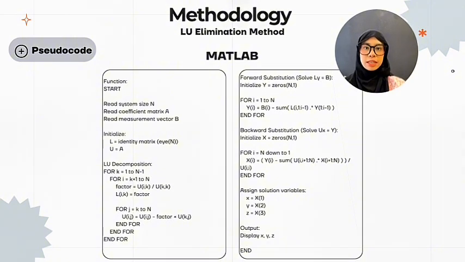At the end of this process, the matrix A is factorized into L and U. After decomposition, forward substitution is applied to solve the system Ly equals B. The intermediate vector Y is computed sequentially using previously calculated values and the lower triangular structure of L. Next, backward substitution is used to solve Ux equals y. The solution vector x is calculated starting from the last equation and moving upwards, taking advantage of the upper triangular structure of U. Finally, the solution variables x, y, and z are assigned from the solution vector x and displayed as the reconstructed muscle activation signals.